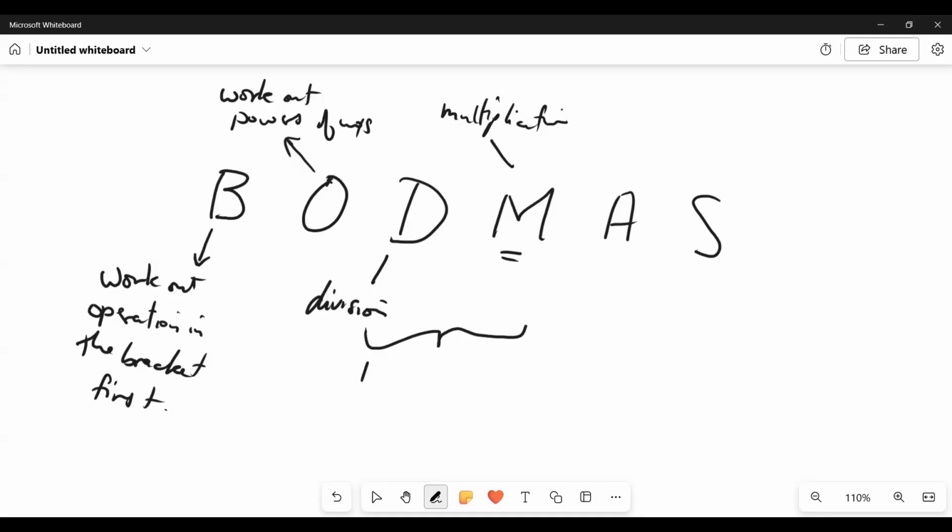They can be done in the order they appear. There's an E here, they appear. So even though they say you have to do division before multiplication, you can very well do multiplication before division if that's the order they appear. I'll illustrate just now with examples.